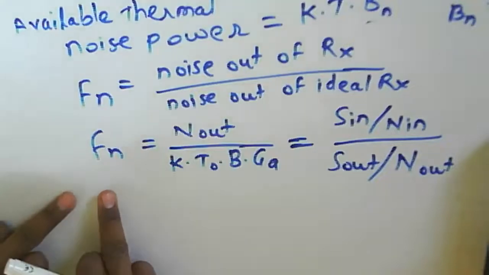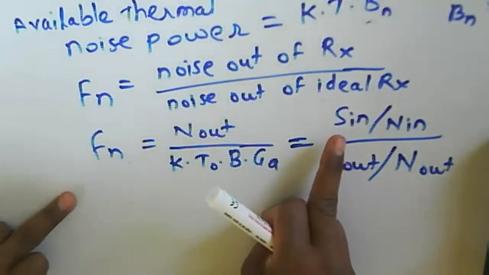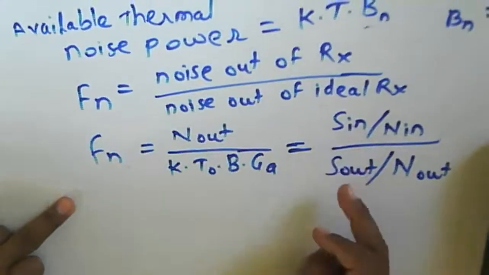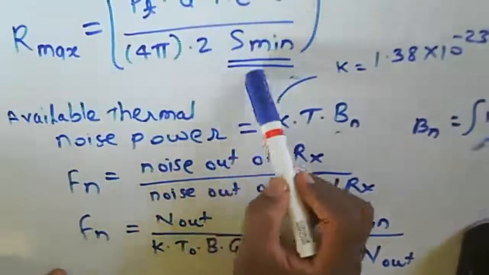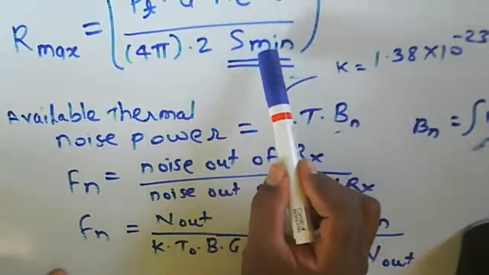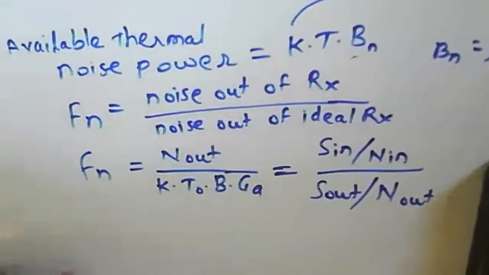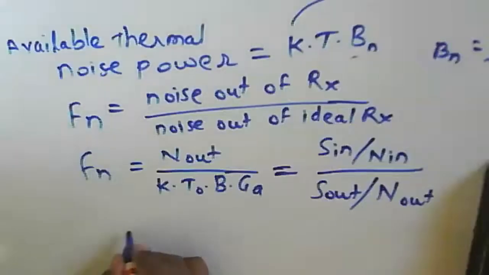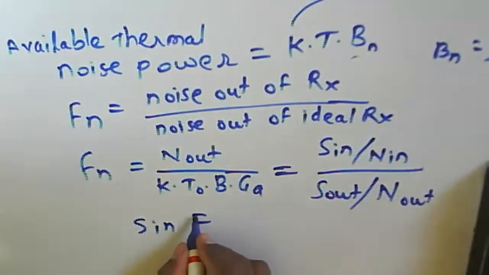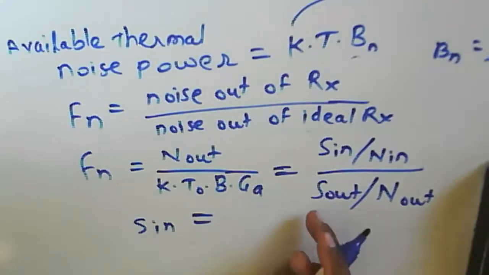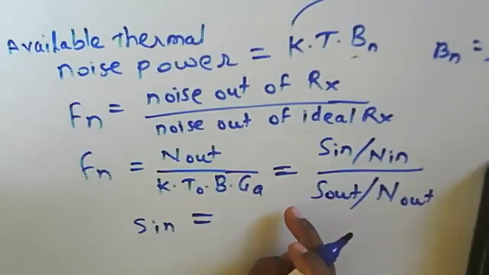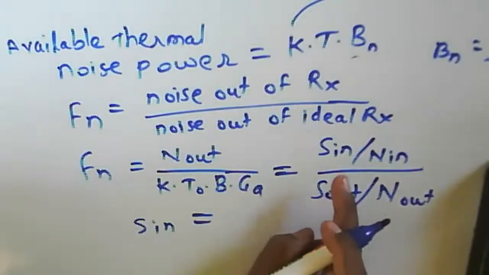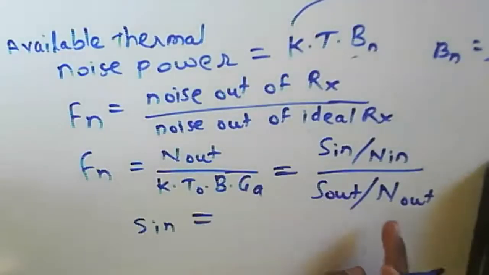Now from this noise figure, the signal input to the receiver can be related to the minimum detectable signal. So we consider what will be the input signal. Here we have S in by N in and S out by N out.